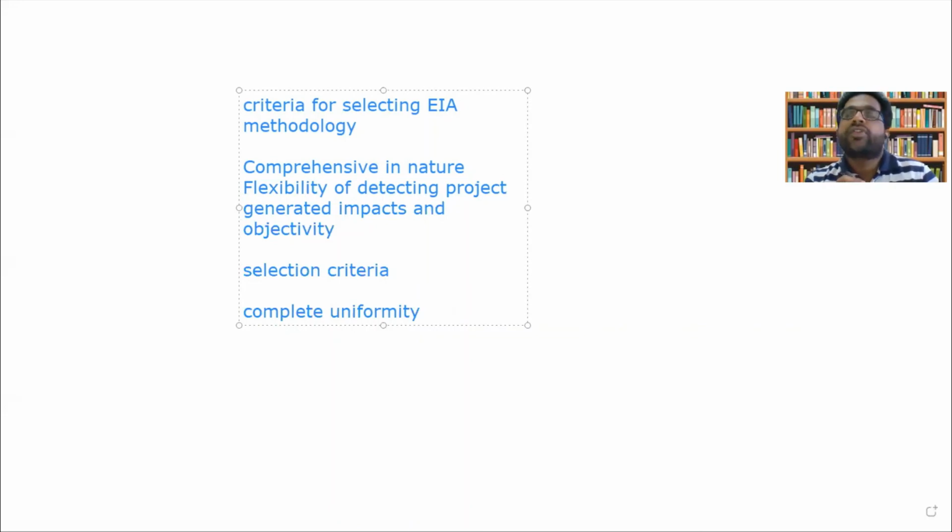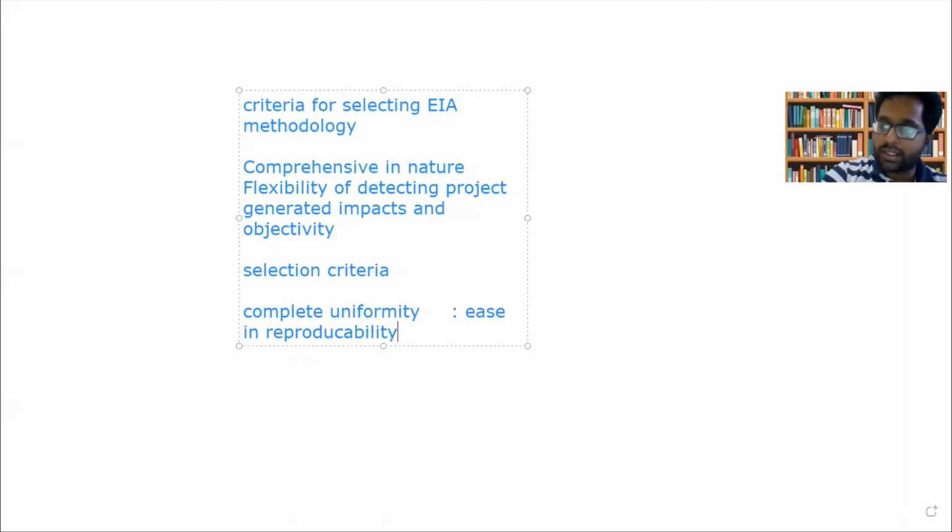Now the question is, which method needs to be selected for our particular project? There are 2 criteria for selection. The first one is complete uniformity. The advantage of complete uniformity is that it gives great ease in reproducibility and comparability.